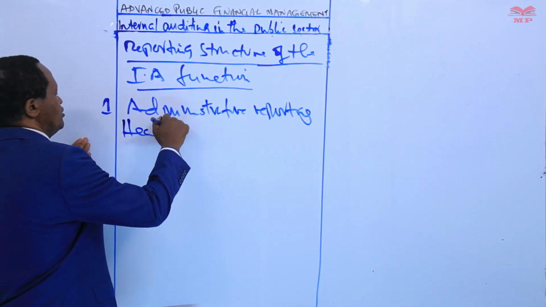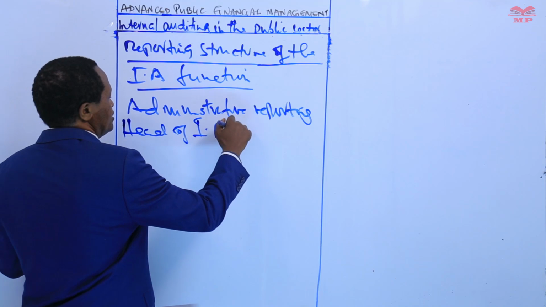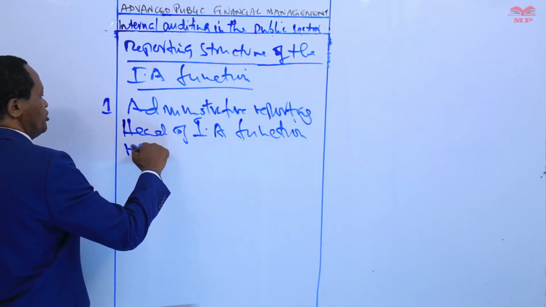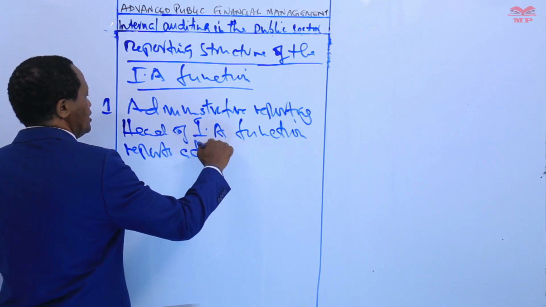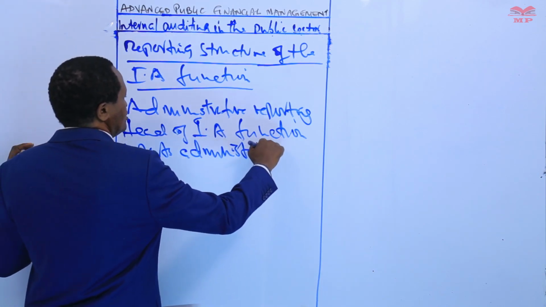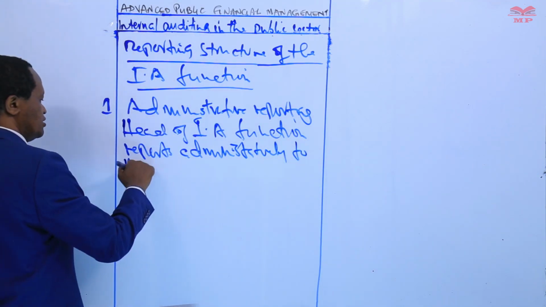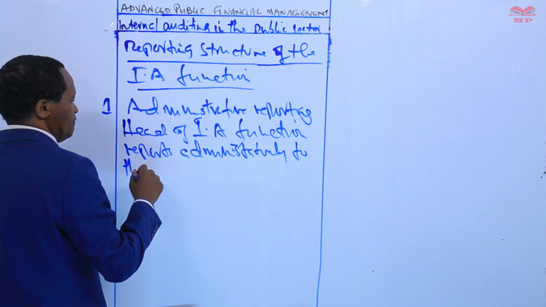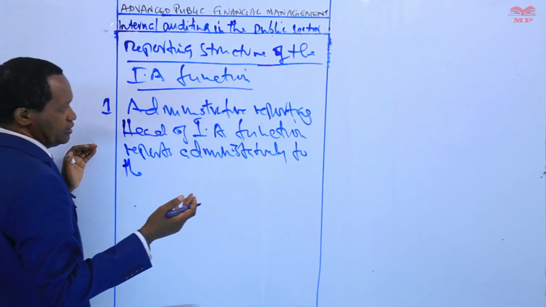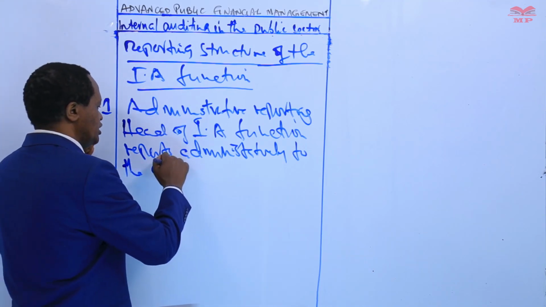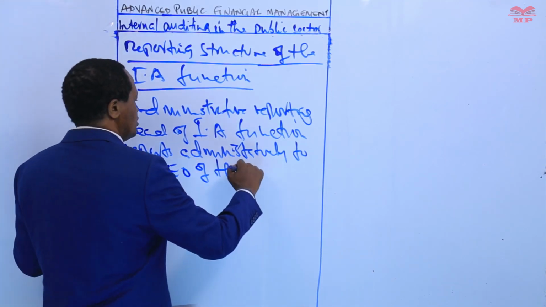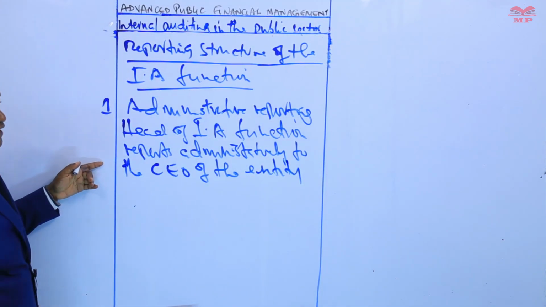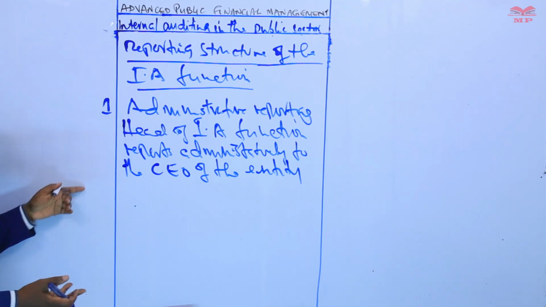The head of internal audit function in an entity reports administratively to the accounting officer. It could be the CEO of the entity, reporting directly to the CEO.